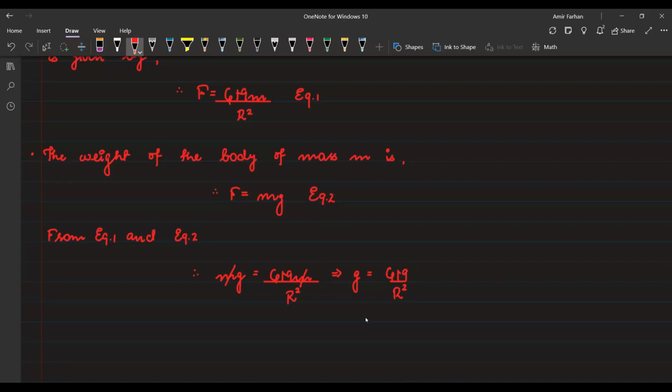Is that clear to all of you? Please do let me know, everyone. Any doubt so far? Yes, Bharti, you were saying something? So the capital G is the gravitational constant, right? Yes, capital G is the gravitational constant. And capital M is the mass of the Earth. Yeah.